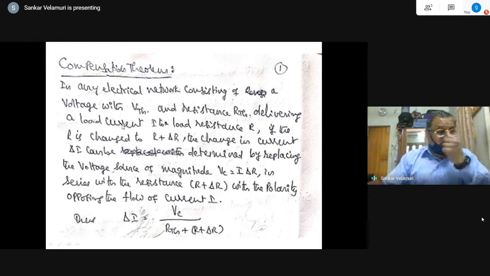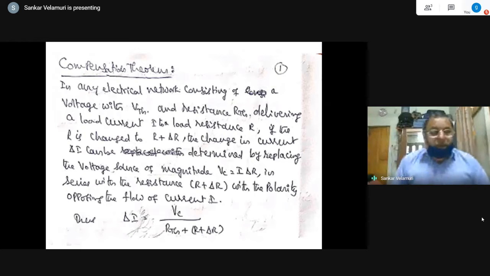So now the compensation theorem. In any electrical network consisting of a formula for this also being given.